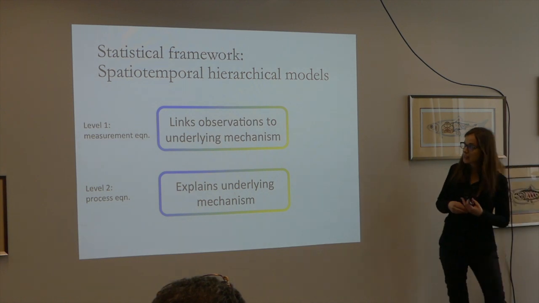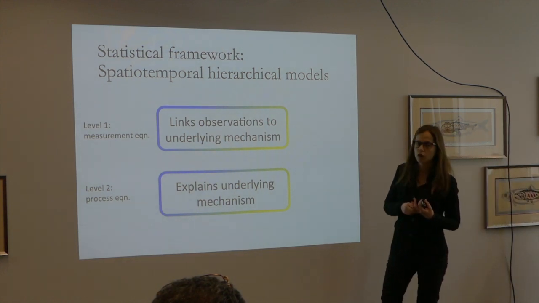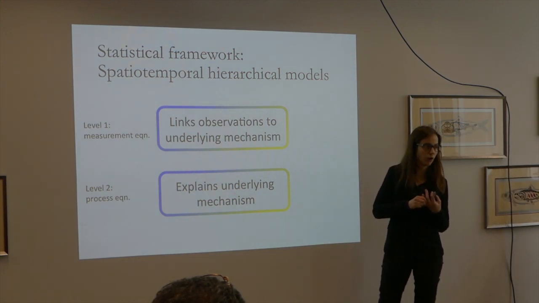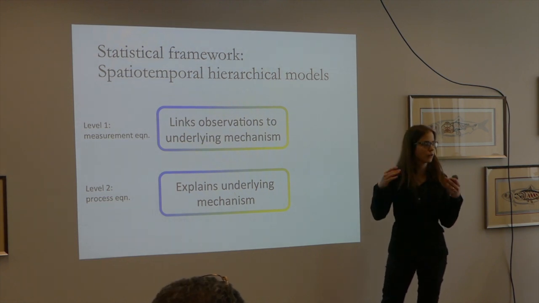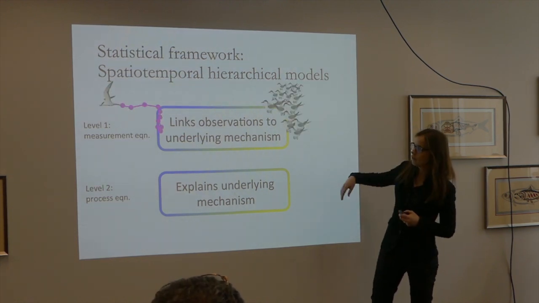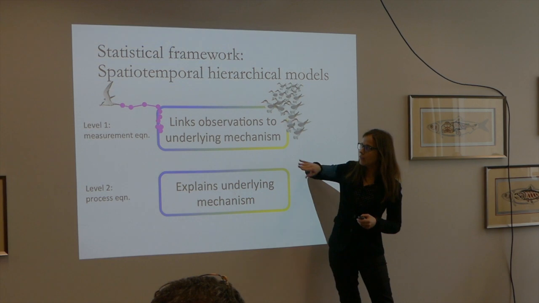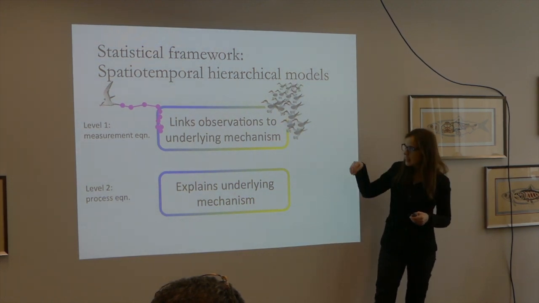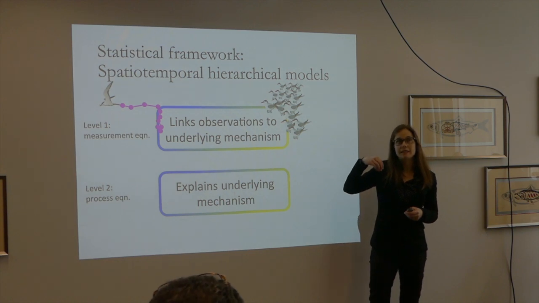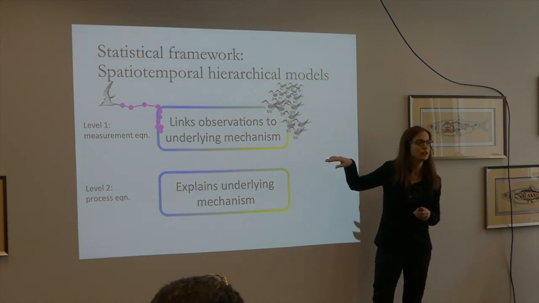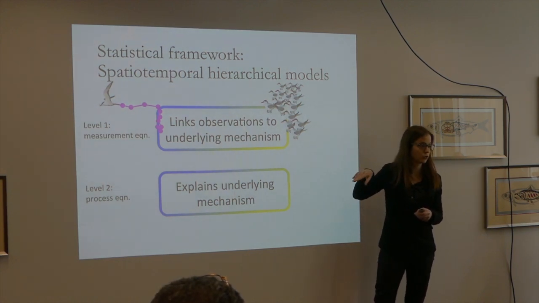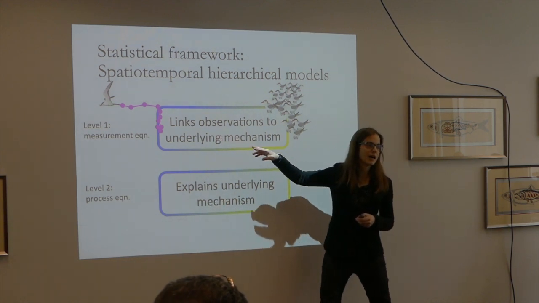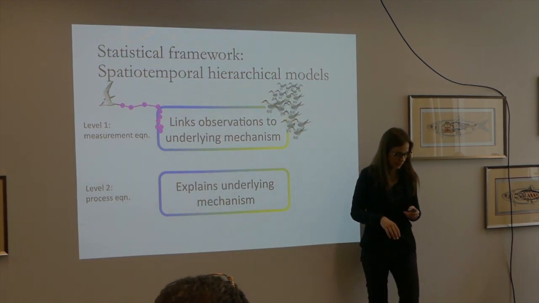One of the key aspects of hierarchical models, which I'm sure a lot of you actually use in your own research, is that you have a hierarchy of equations. At the top level, you have an equation that links observation to the underlying mechanism. The idea here is that it takes into account the fact that the data that you're gathering is not perfect, whether it's messy movement data or very messy population data.